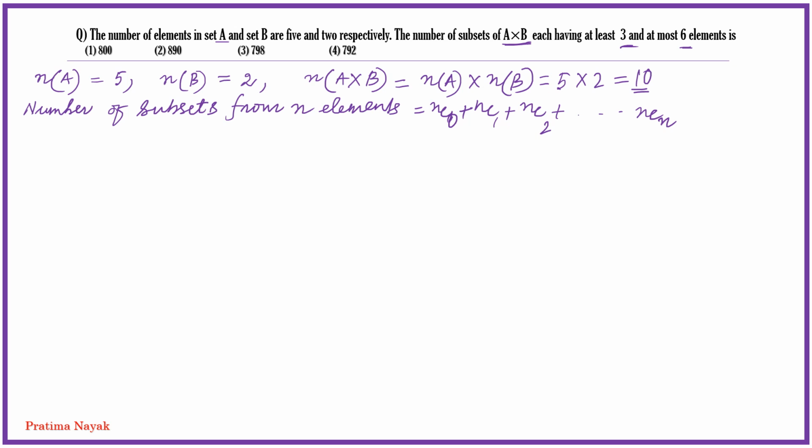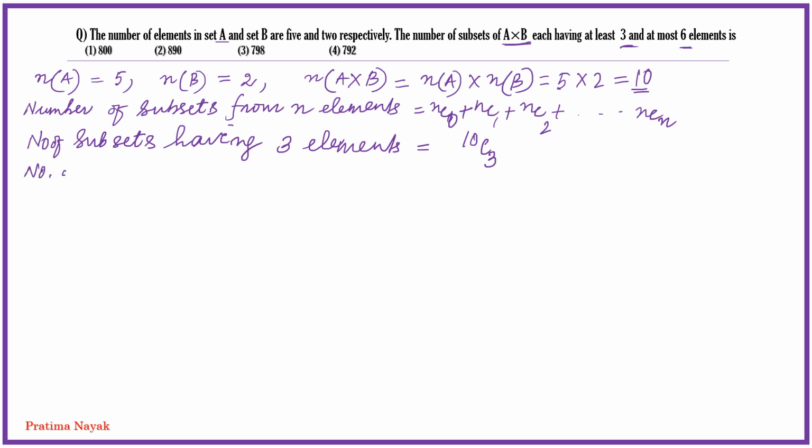So here we'll start from 3. The number of subsets having 3 elements, the total being 10, is 10 combination 3. The number of subsets having 4 elements is 10 combination 4.